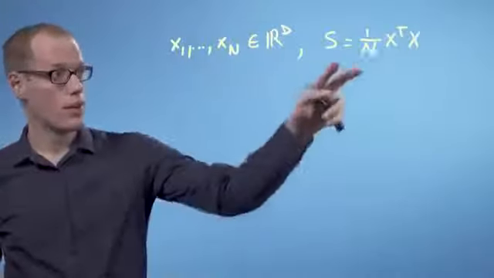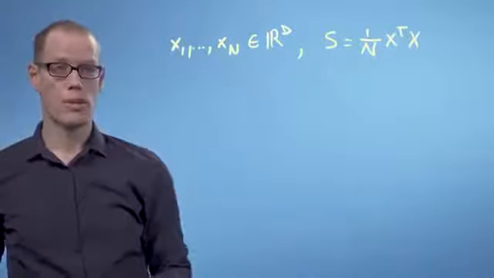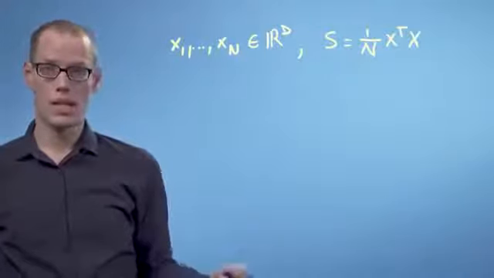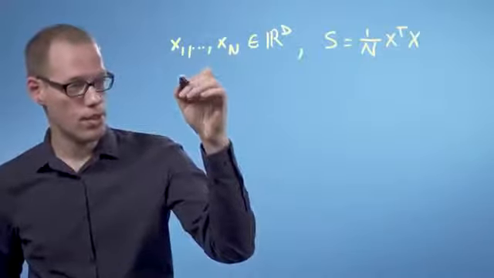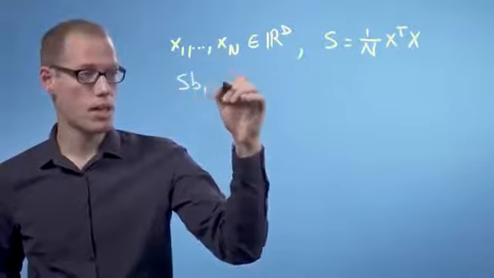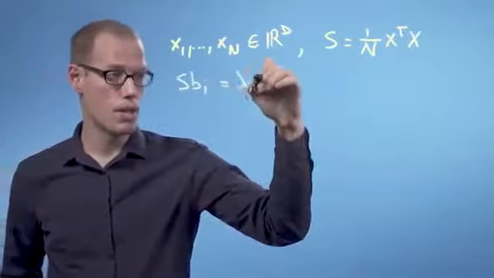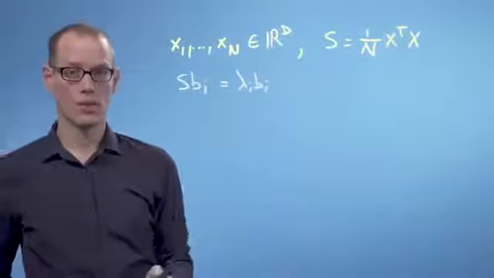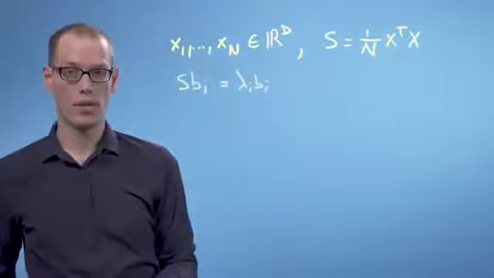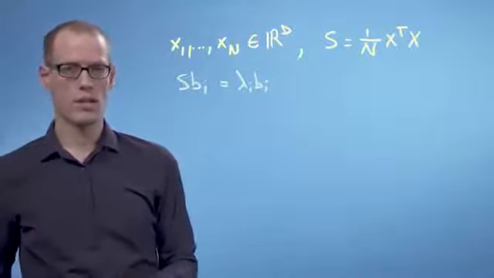I've just moved the covariance definition up here to have a bit more space on the board. In PCA, we ended up with the following eigenvalue-eigenvector equation. We had S times Bi equals lambda i times Bi, where Bi is a basis vector of the orthogonal complement of the principal subspace. Now let's rewrite this equation a little bit.